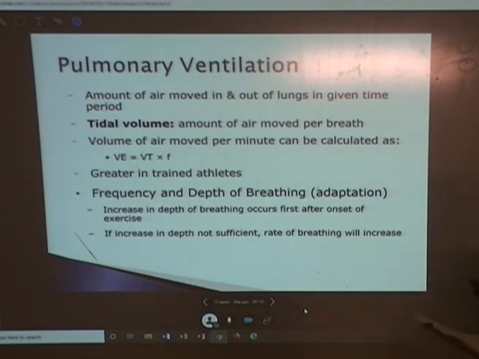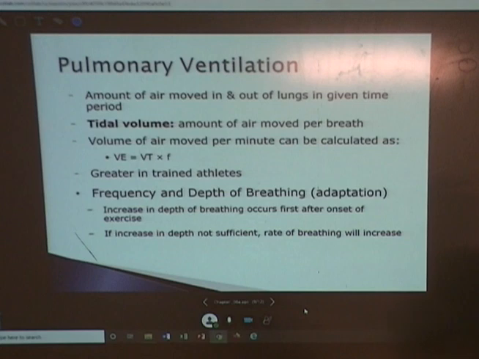So for a sedentary male, VE is about 8 liters at rest to 113 liters per minute when they're exercising or walking, right? So for someone who isn't relatively active, we've got this 8 to 113 range between rest and physical activity.